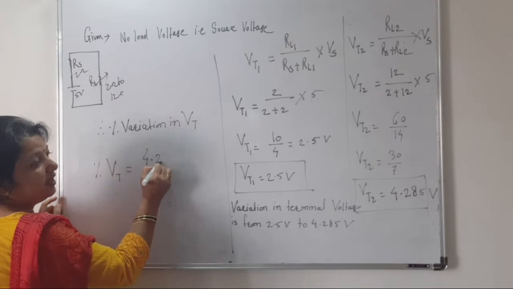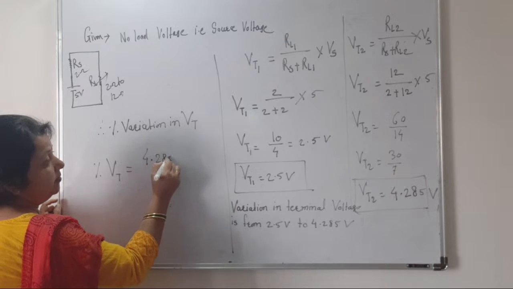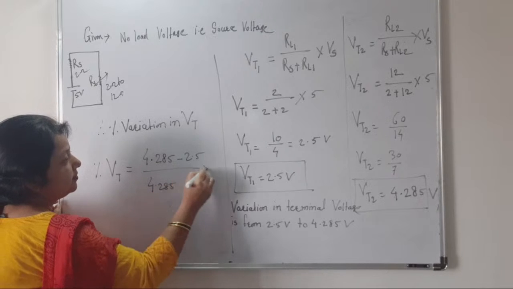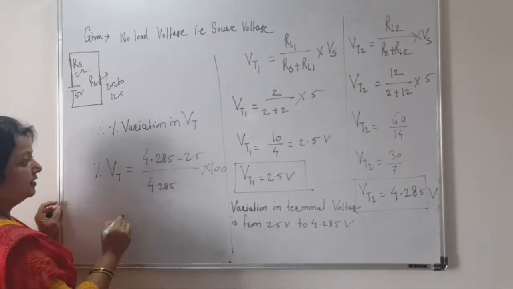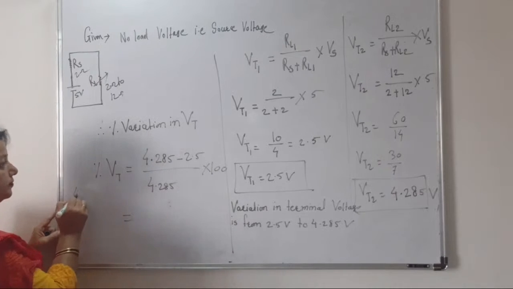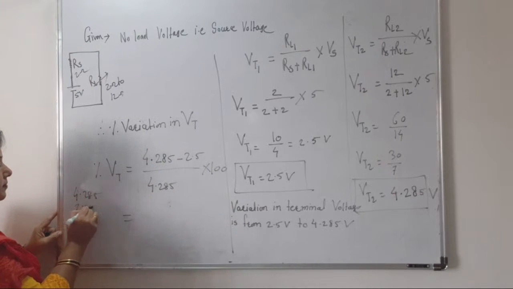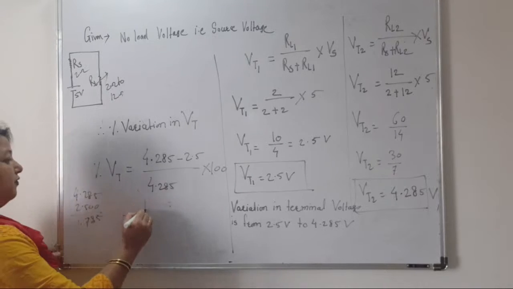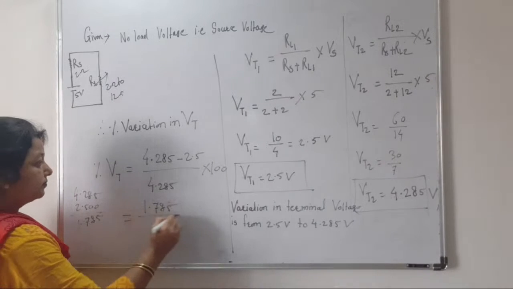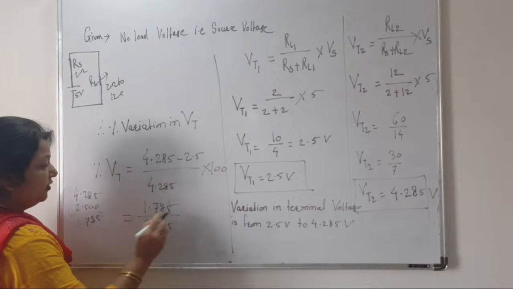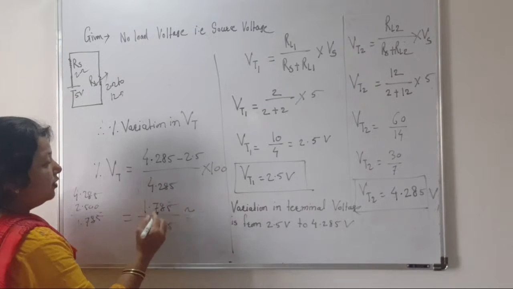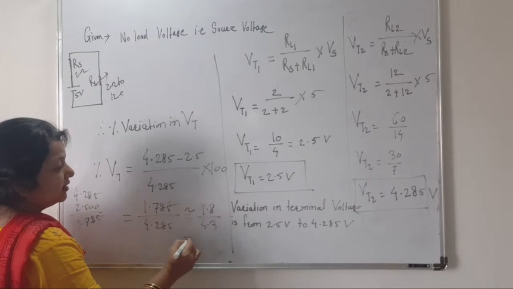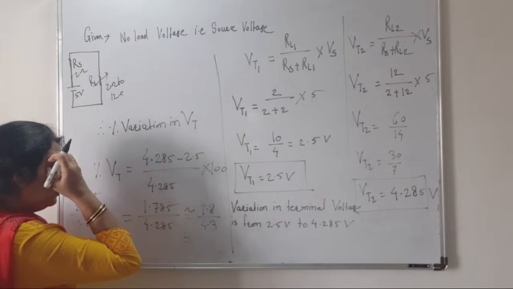Maximum is VT2, minus 2.5, upon maximum, multiplied by 100. Therefore, what do you get? 1.785 upon 4.285. So in short, approximately we may write 1.8 upon 4.3.